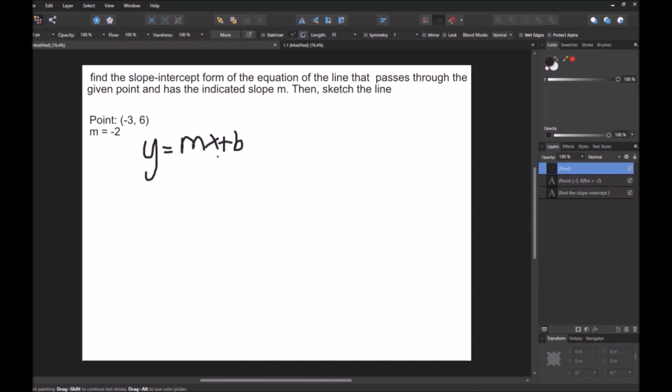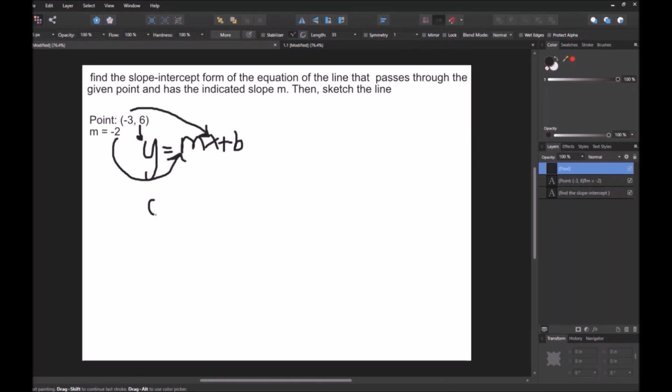We can see from this information we're given an x, we're given a y, and we're even given an m. So in order to do that, we can just plug all these things into their respective variable and solve for b. We're given m, so we need to solve for b.